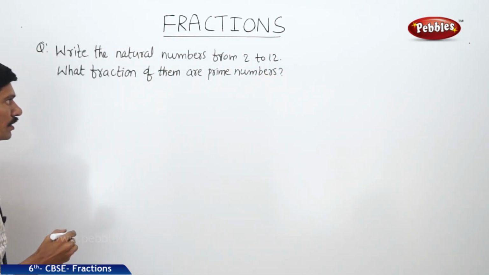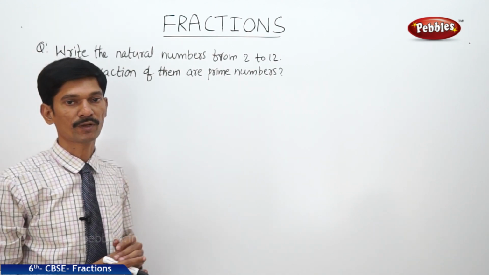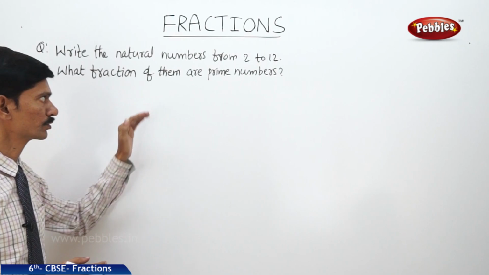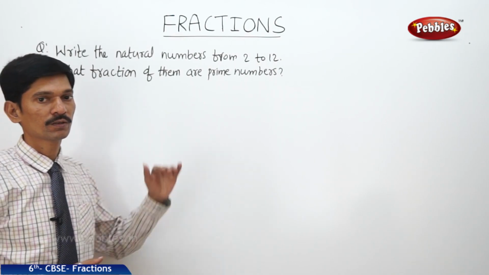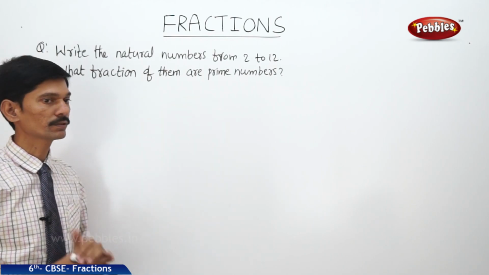So first you have to write the natural numbers from 2 to 12. Then we should also write the prime numbers from 2 to 12. Then we have to find out what fraction of the natural numbers from 2 to 12 are prime numbers.